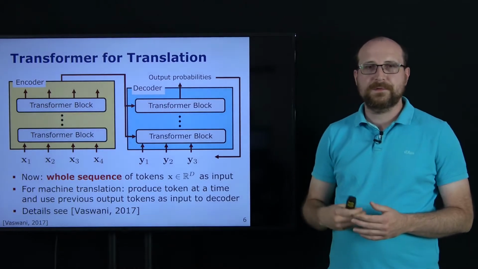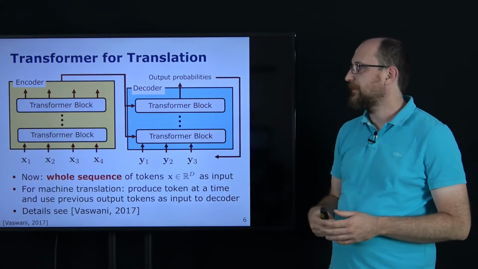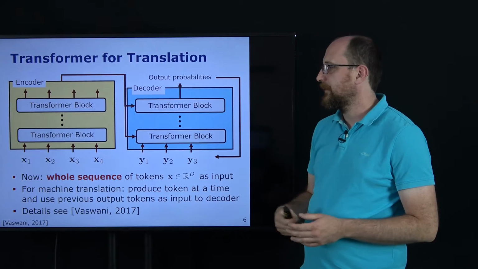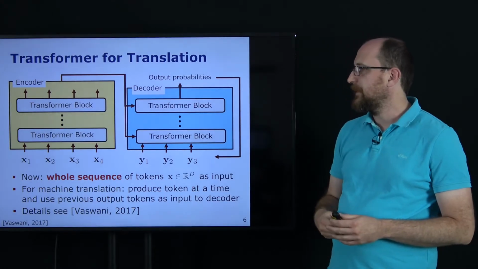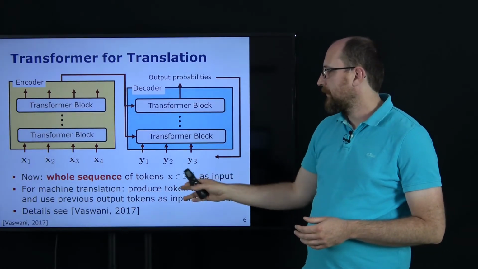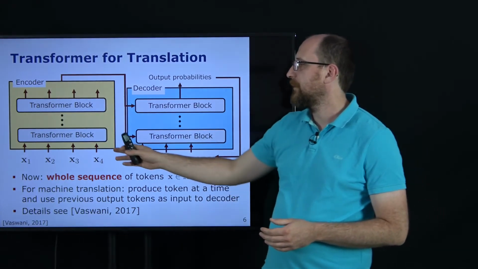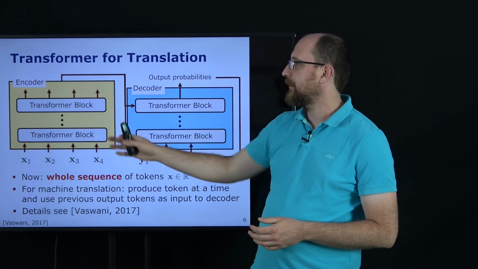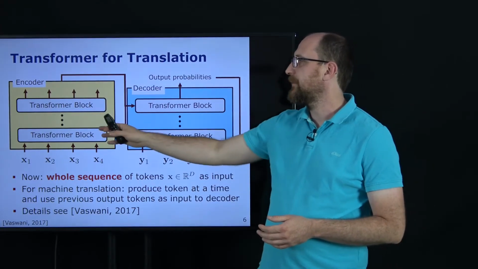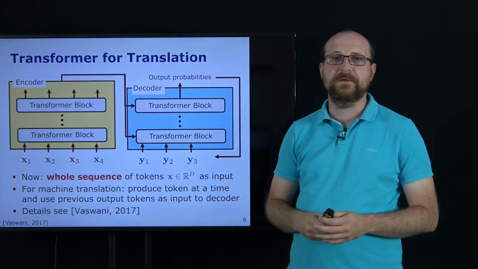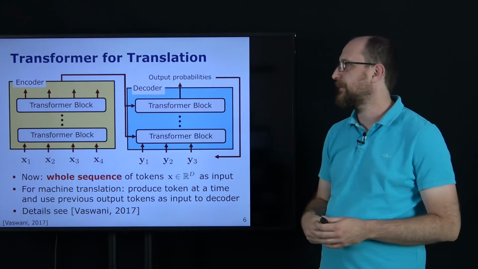So the sequence the transformer block sees is basically the whole sequence, and the vectors that we are using here are always d-dimensional. The transformer block takes these d-dimensional vectors, does some operations with them, and then produces d-dimensional vectors as output. Each layer produces this.